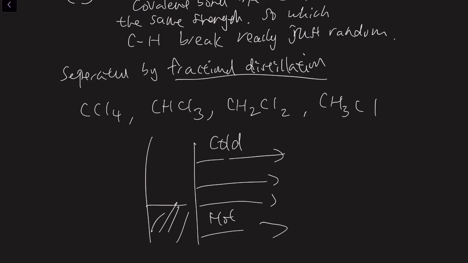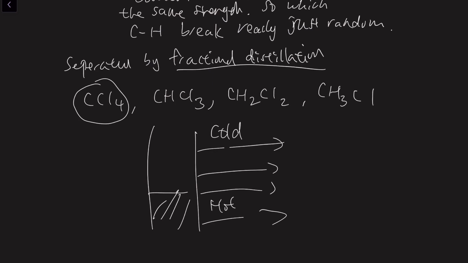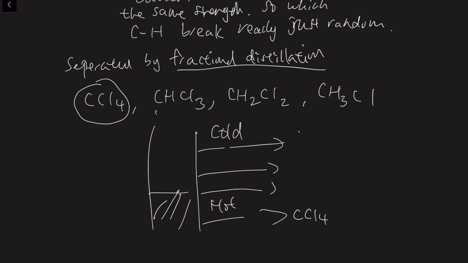So you would expect CCl4, which is the heaviest of the four, to have the highest melting point and boiling point. So you should collect CCl4 from the bottom fraction. And conversely, chloromethane should have the lowest boiling point, so you should collect it at the top. And that's how you separate out the different products formed by substitution reactions using fractional distillation.